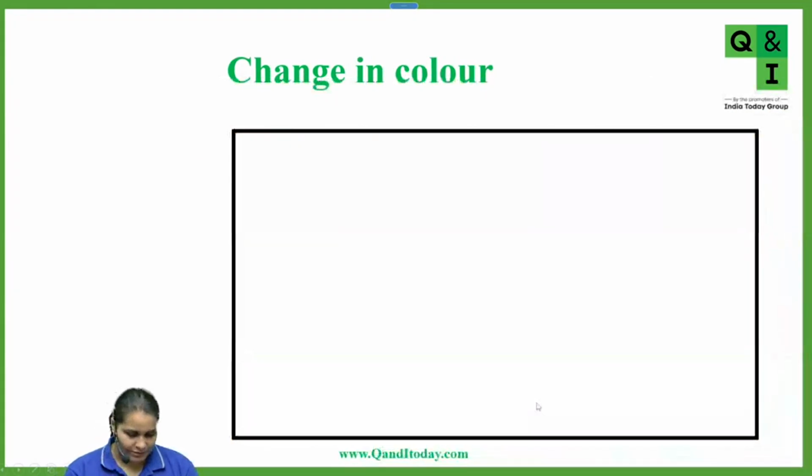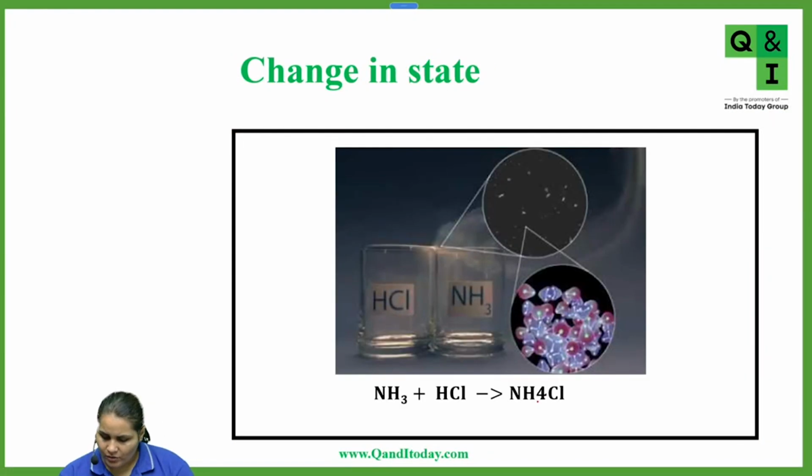The 4 should be a subscript, like this, NH4Cl. Ammonia is a gas. Even HCl, you take in the form of solution in water. So when one is in solution form and the other is in gas form, but ammonium chloride, you are going to see the crystals of ammonium chloride, right? That's the change in state.